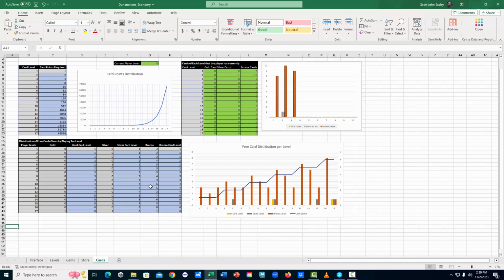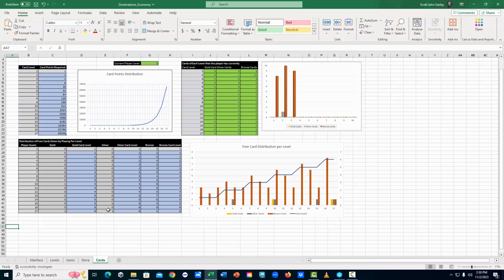And we just made a simple function to find out how to distribute these. For silver cards and gold cards, we're using round off functions to give them at particular levels. Gold cards are given at the 10th and 17th level, and silver cards are given at every 5 levels. So 5th level, 10th level, 15th level, and since the 17th level is the last one, also at the 17th level.